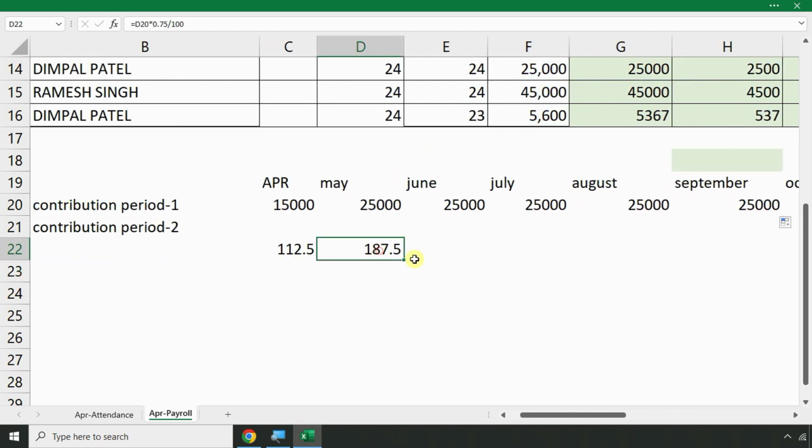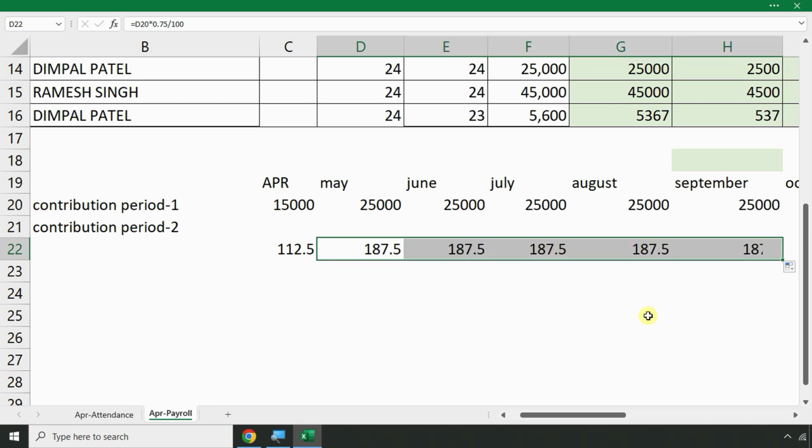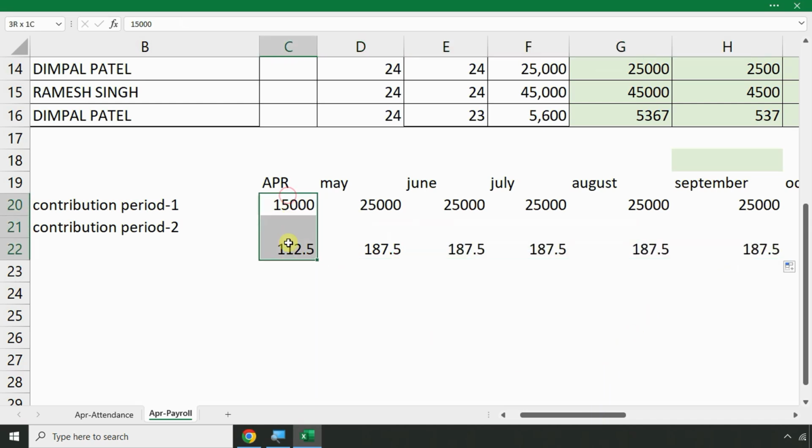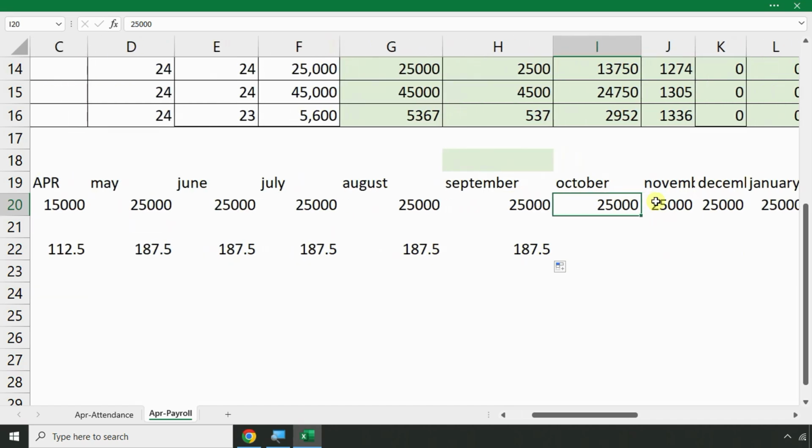You need to continue the same formula till what? He is eligible for April, so irrespective of salary, he will be entitled. Till the end of the contribution period. When does the second contribution period start? October.